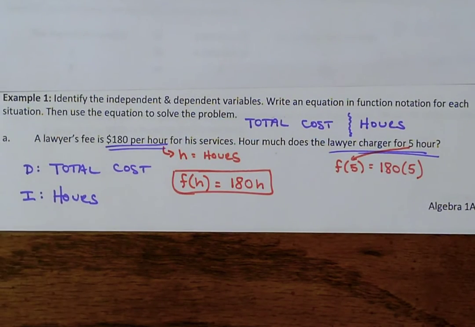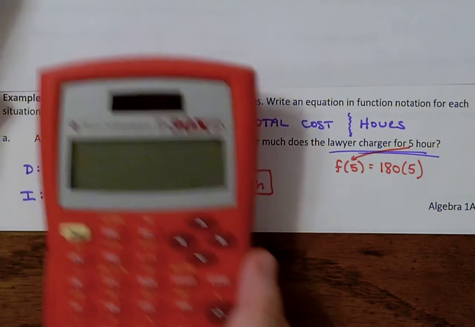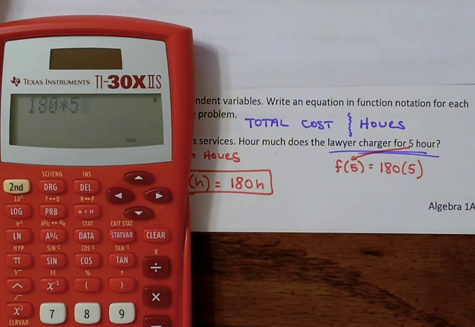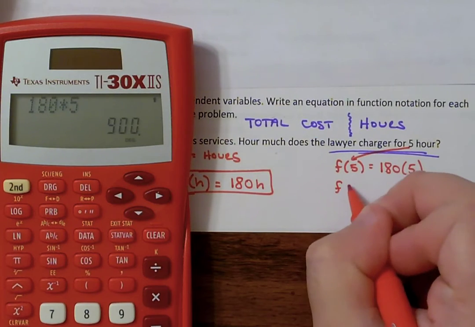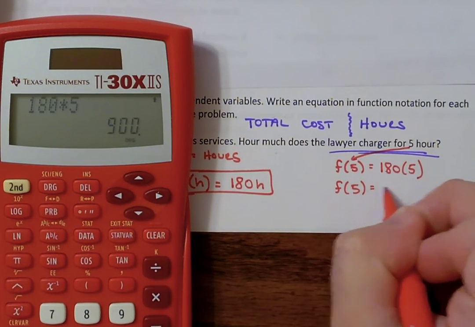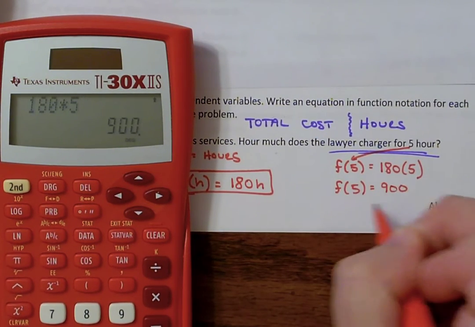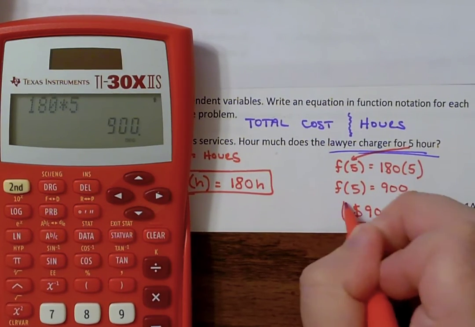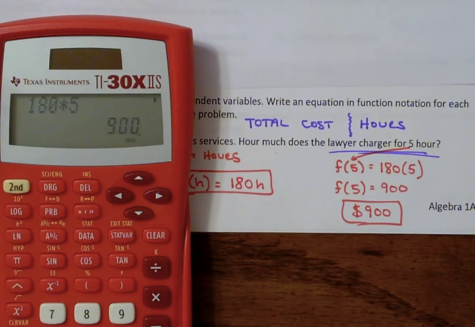Then you take your handy dandy calculator and do 180 times 5, and we end up with 900. So the total cost to use the lawyer for 5 hours is $900.